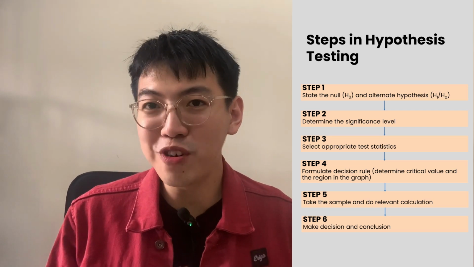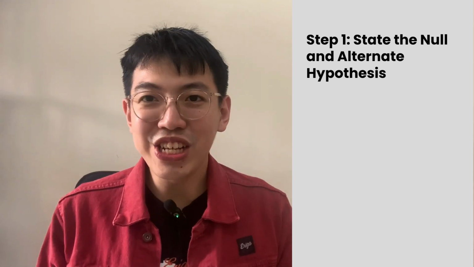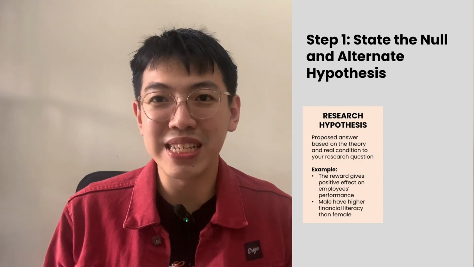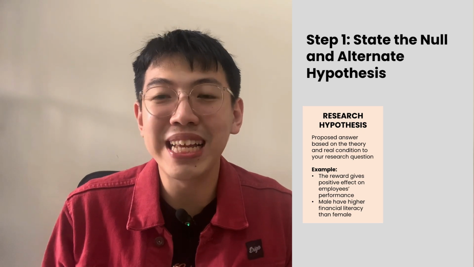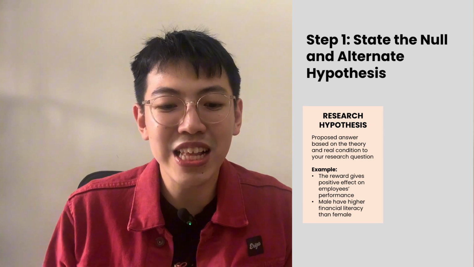So let's take a closer look at each one in more detail. We go to the first step first, state the null and alternate hypothesis. By the way guys, you have to be able to distinguish between research hypothesis and statistic hypothesis. Research hypothesis is the hypothesis that you will find in most of the research. It is the proposed answer to your research question, based on the theory and real condition.